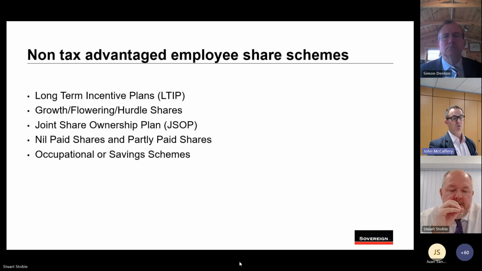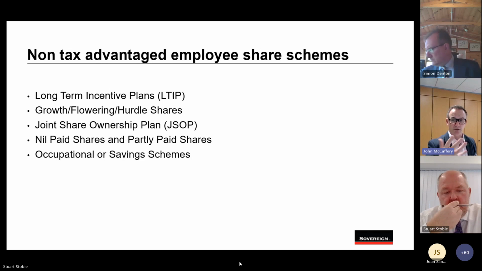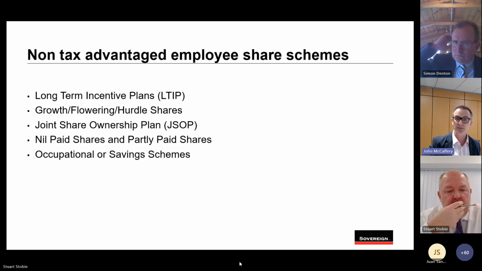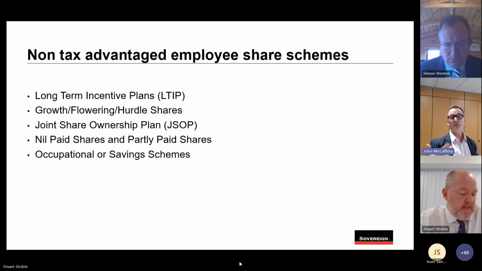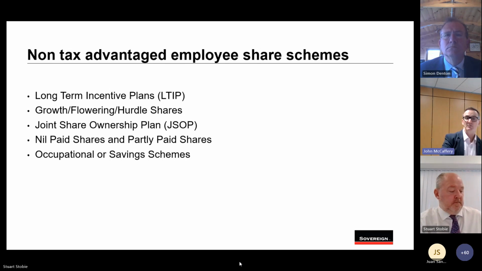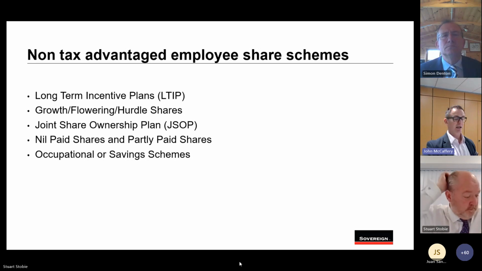So say an individual with a 5% or less shareholding, the 5% may carry votes and it may have some dividend rights, but those votes are pretty irrelevant if somebody else has 95% of the votes and controls the company. So a 5% shareholding or less can attract up to an 80-90% discount against open market value, and therefore you would only be taxed on the discounted value.